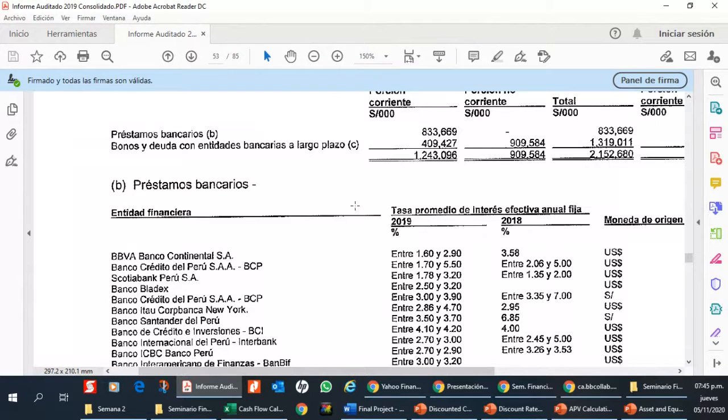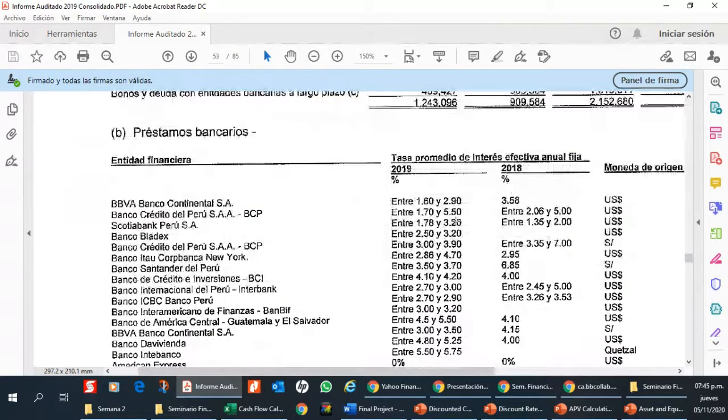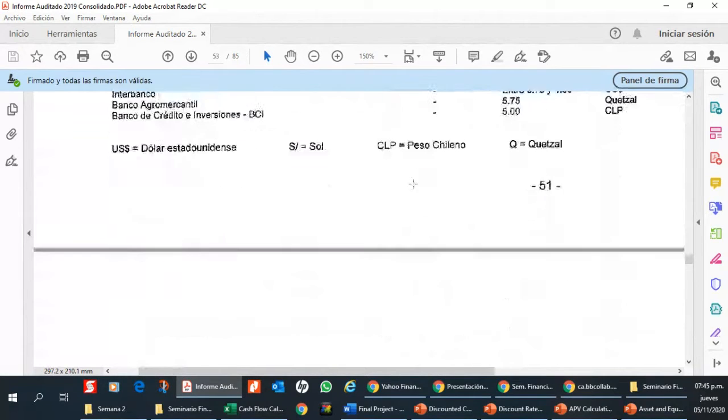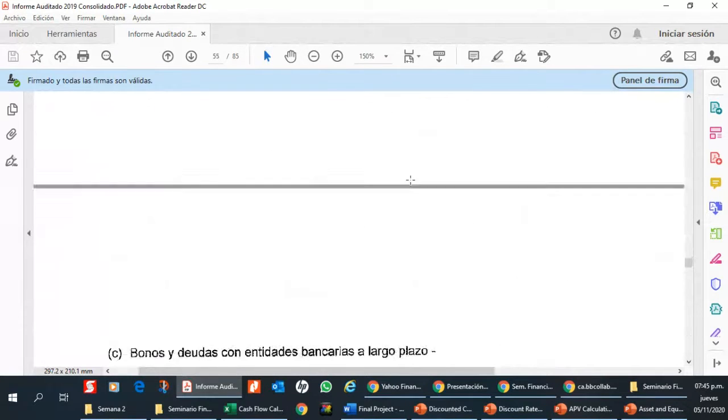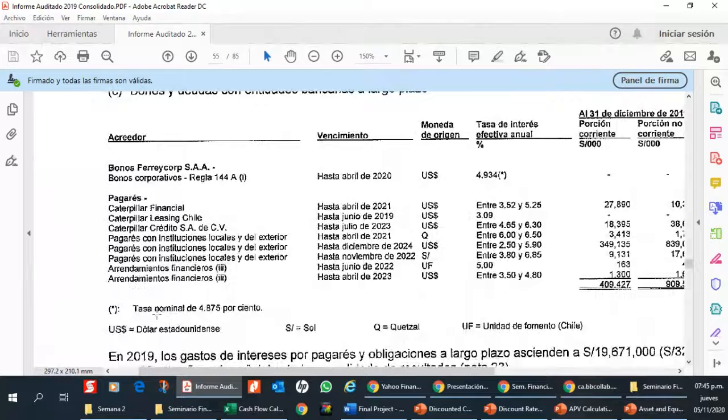Here in Peru, we are one of the few countries that use effective rate as part of our normal lingo, as part of the usual ways loans are treated. For that reason, when the accountants present the information for Ferrycorp, they had to convert it to effective rate.